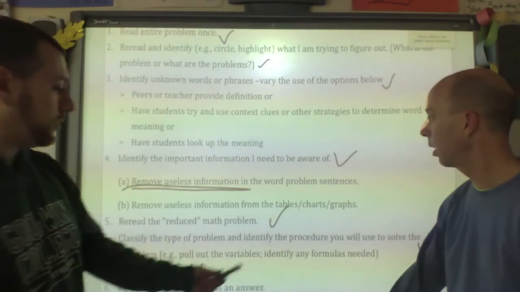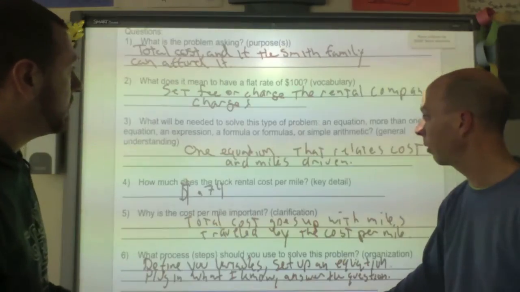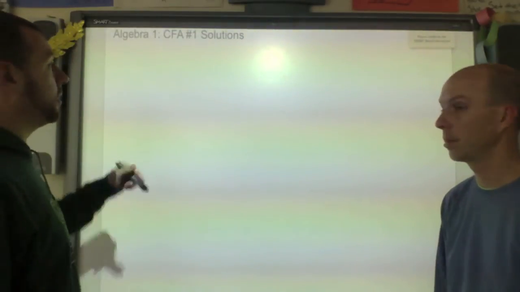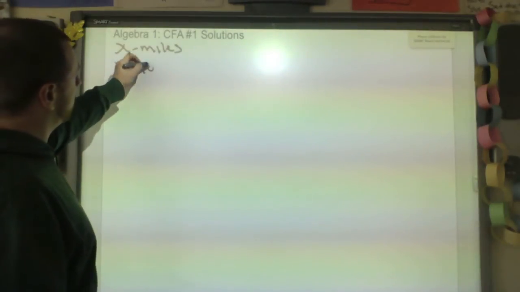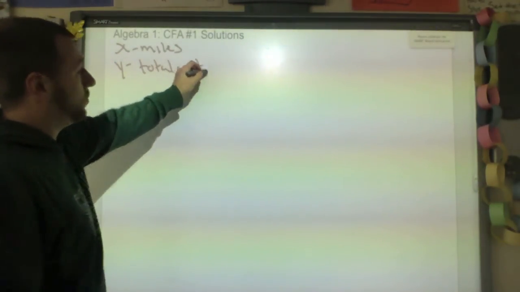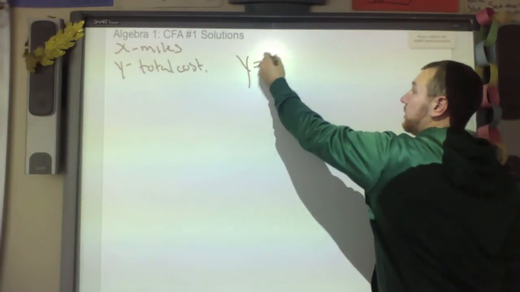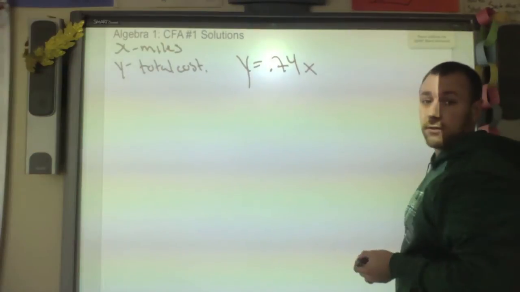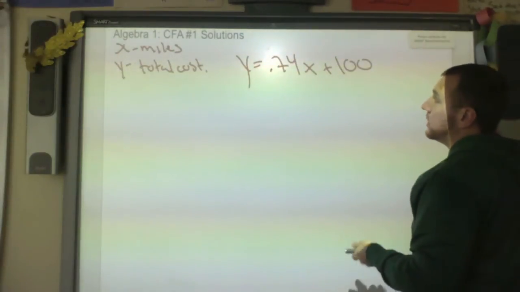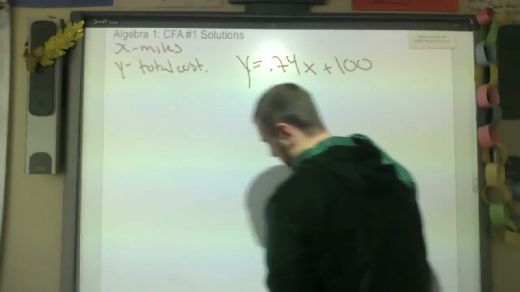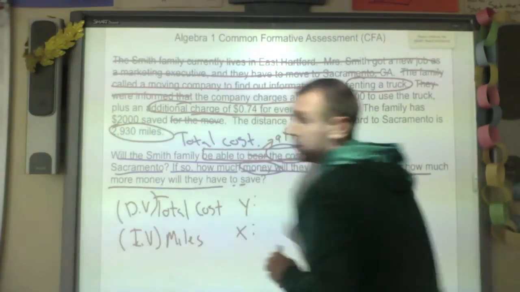So now we're going to work through the math of the problem. Let's do that right here. So again, X is my miles. Y is my total cost. Okay. So my total cost is based on 74 cents for every mile traveled plus $100 flat fee. Now I know that the miles that I traveled was 2,930.